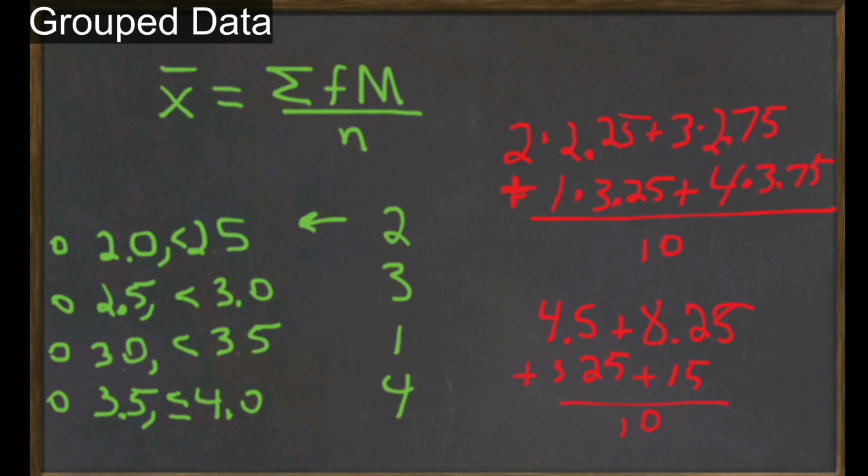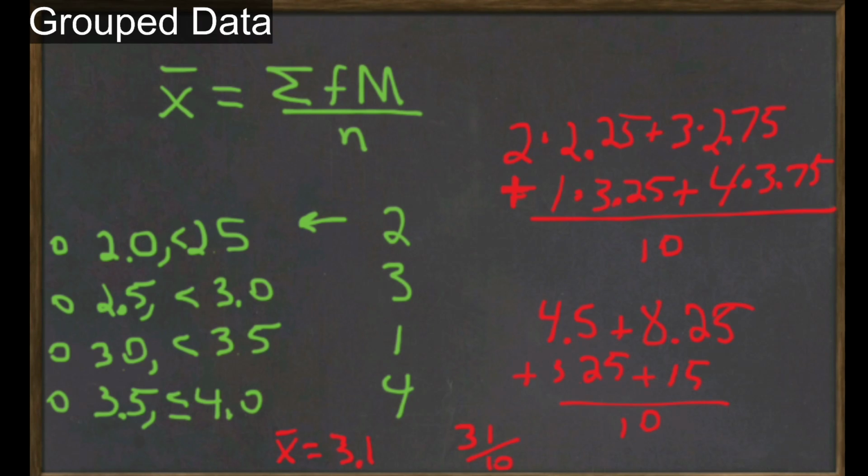So when we add all that together, bear with me as I double check this math. We get 31 divided by 10, or our estimated average here is 3.1. Okay, so x bar equals 3.1, and that's our best guess for the average of these 10 students.